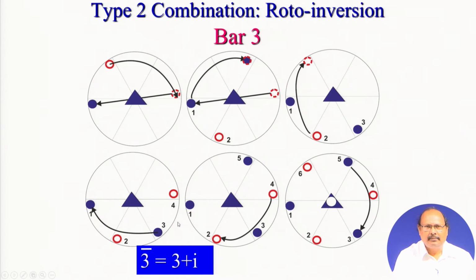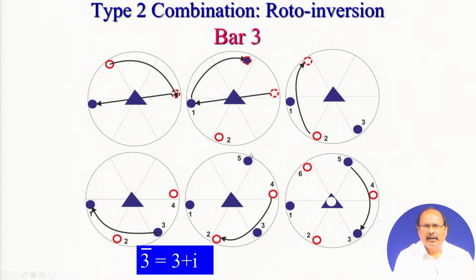After 3, it is again rotated 120 degrees. It comes here, and after inversion it is reproduced here as an open circle. I give it the name 4. After 4, I again allow a 120 degree rotation, and after inversion this open circle is reproduced here as a closed circle, and I give it the name 5.